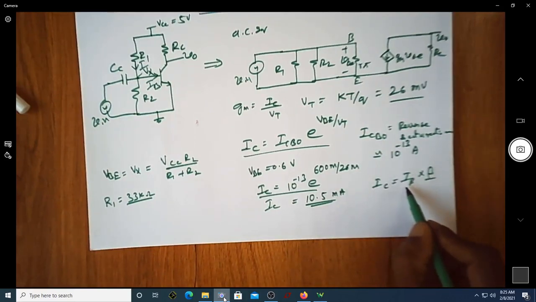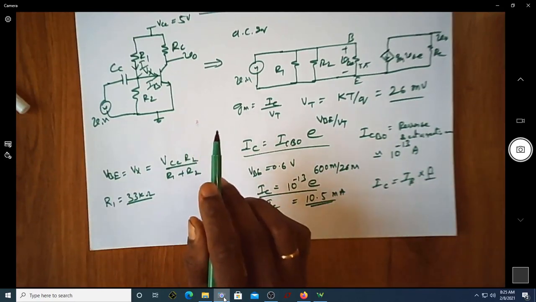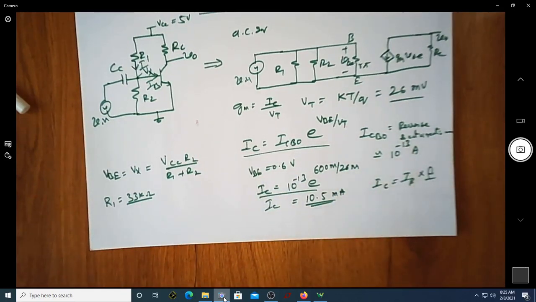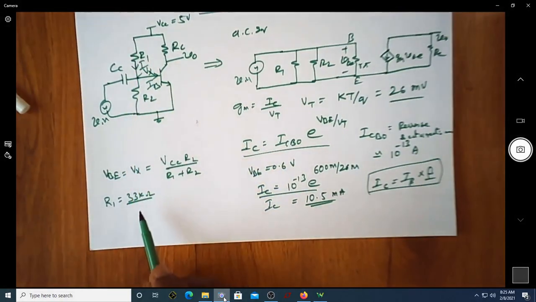If the value of IB reduces, it not only depends on VB, because BJT is a current control device, so we need to have sufficient amount of IB flowing. So R1 cannot be very large. That's why we are assuming it to be around 33 kilo ohms.